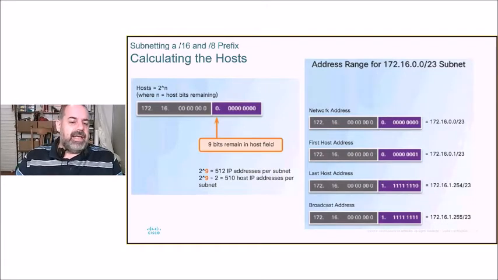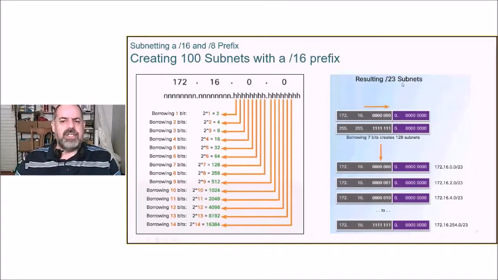So again, calculating the number of hosts. In this instance, we've borrowed 7 bits. Well, that was the second half of this slide. So we're using a /23 network, which is borrowing 7 bits. This is this one here. And so we've got 128 possible subnets, each with 9 host bits per subnet.